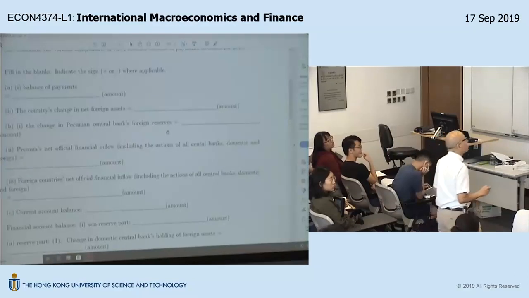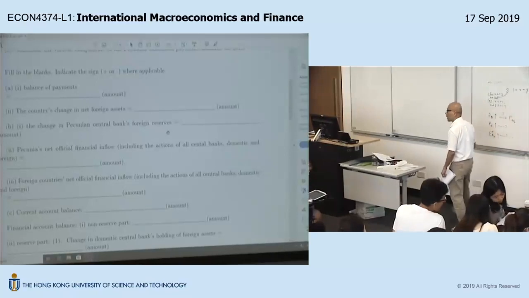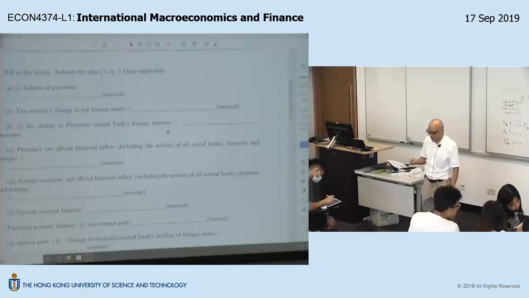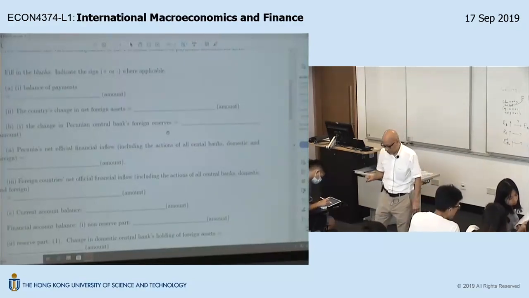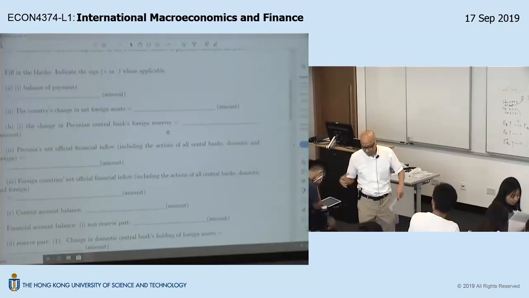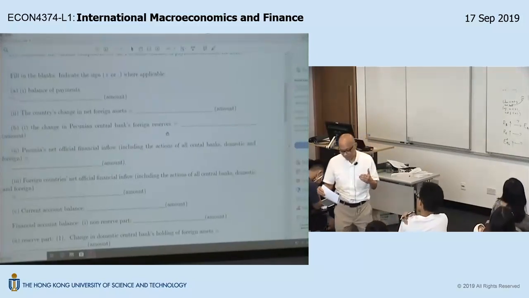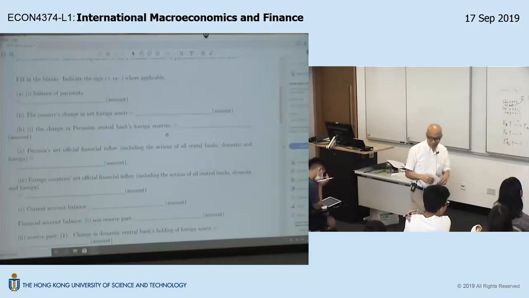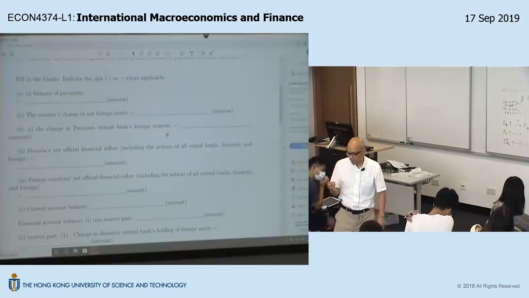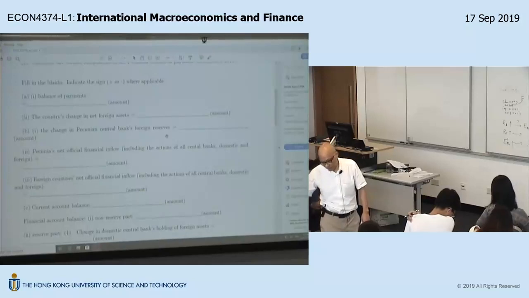In fact, you do need to understand foreign central banks' action in order to answer B1, because the official part of the financial account is determined by the action of the domestic central bank as well as foreign central banks.